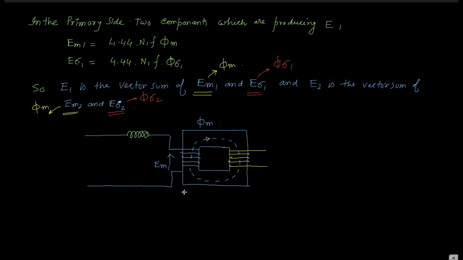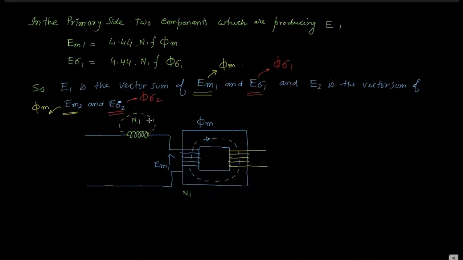If this is N1 number of turns, this is also N1 turns. The leakage flux is not linked through the core and cannot mix up in the air, so you detach that part from the core.